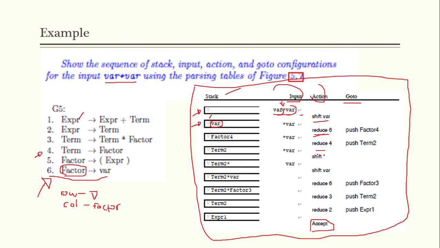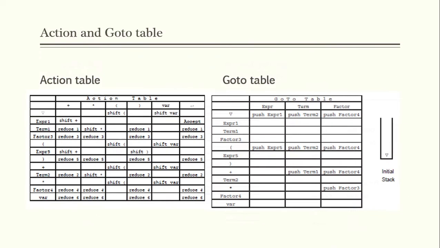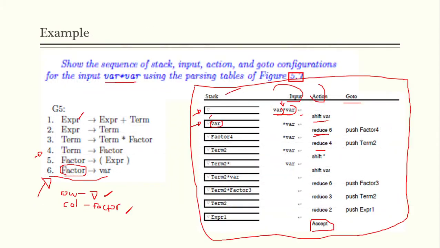Let's look into your goto table. Row is the triangle here, and your column is factor. So what you need to push is push factor 4. Now you write in your goto: push factor 4.